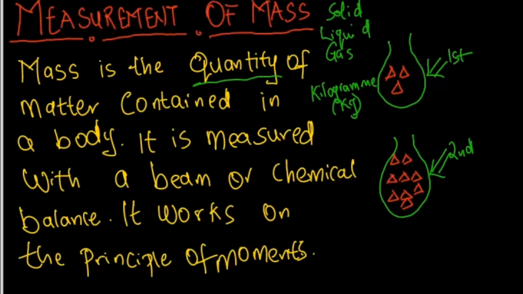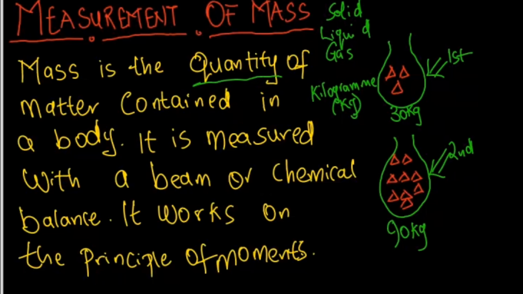So in our first bag we have 3 pieces of stone, and in our second bag we have 9 pieces of stone. So we expect that this second bag has more mass than the first bag. So the second bag can have a mass of 90 kilogram, and the first bag could have a mass of 30 kilogram. Let's say each stone is uniform. So mass is how much of matter you have in a particular body.